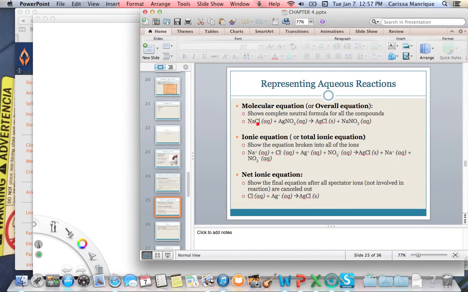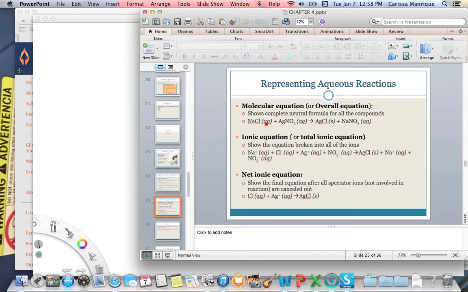You know, they're going to say sodium chloride reacts with silver nitrate to make silver chloride and sodium nitrate. So it's the whole overall equation. You see the aqueous. Aqueous means it dissolves. And so on here, is this a precipitation reaction? Yes, because one of them stays as a solid. Okay, that's how I know. Okay, now what you do to get the ionic equation, do you see everything that has the aqueous?